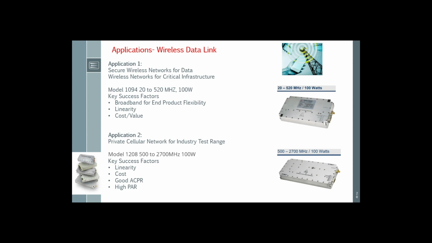And in both of those cases, they're operating at several commercial wireless frequencies, so a broadband COTS PA module has a definite integration and cost advantage over a system that would include multiple narrowband PAs to be integrated. And what might come as a surprise here is the linearity and the adjacent channel power ratio are good enough to mimic a cell tower on a low call density test range.